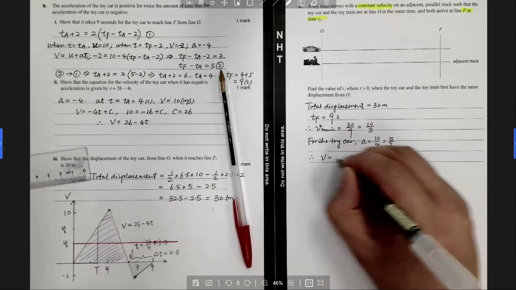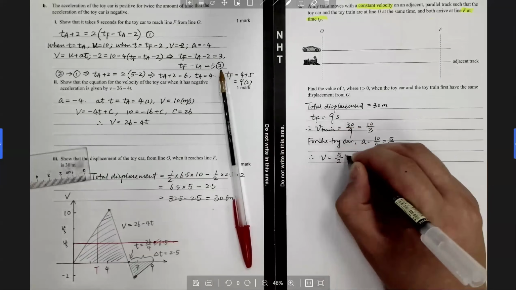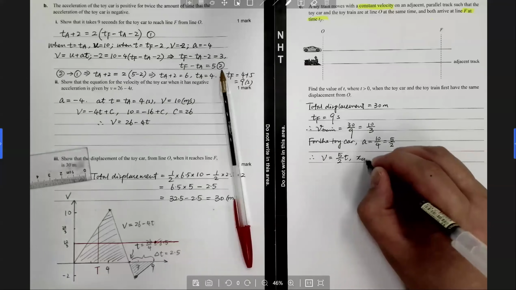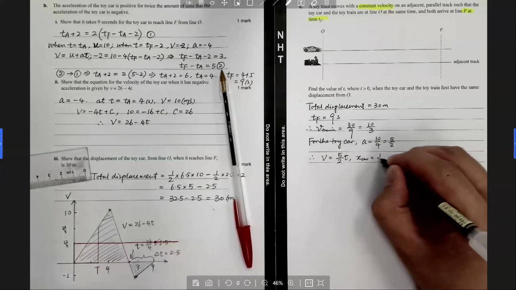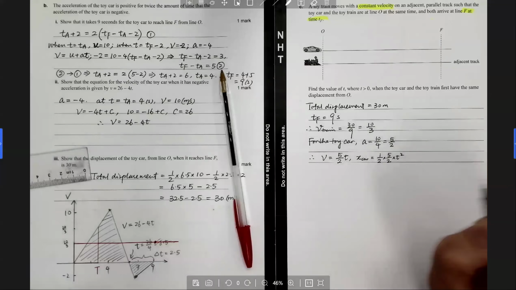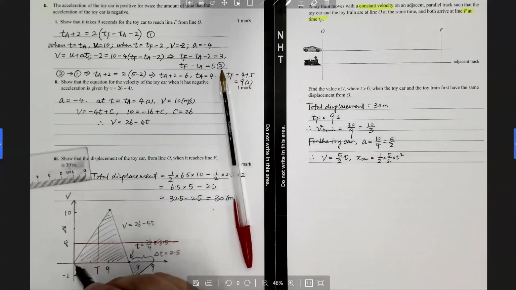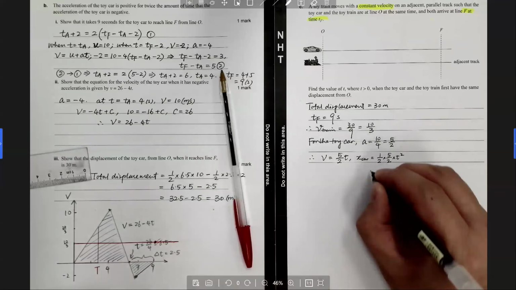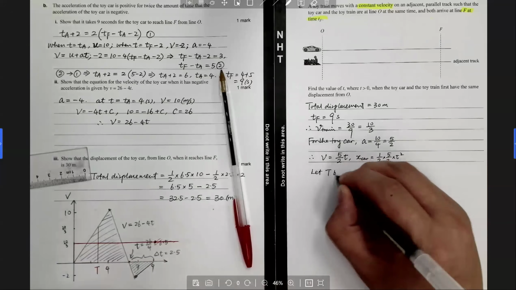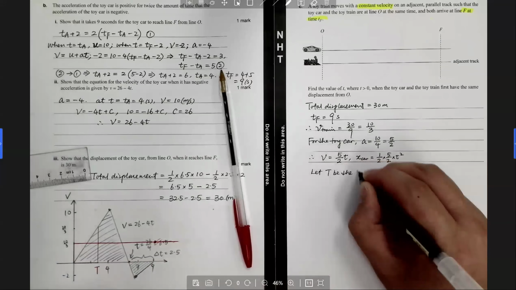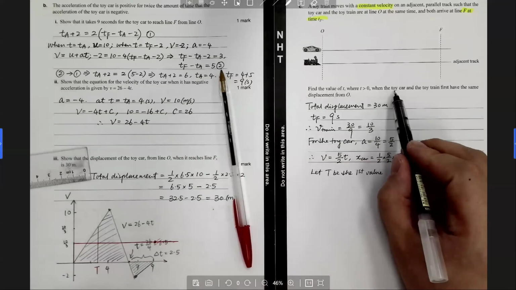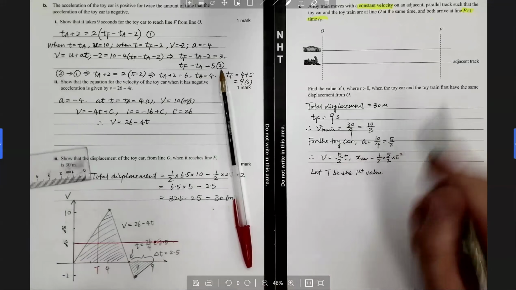Therefore, the velocity is 5 on 2 t, and x of the toy car equals half times 5 on 2 times t squared, because it's accelerating from rest. Let t be the first value when the toy car and the toy train have the same displacement.